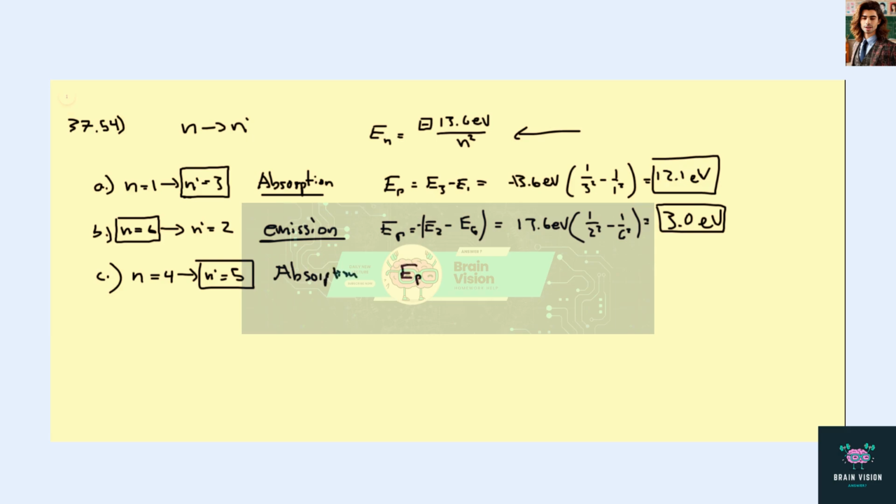And the energy of the photon is given by E5 minus E4, or negative 13.6 eV times 1 over 5 squared minus 1 over 4 squared. And this one comes out to being even smaller, an energy of 0.31 electron volts. So that means the first one, case A, has our highest energy photon for the transition.